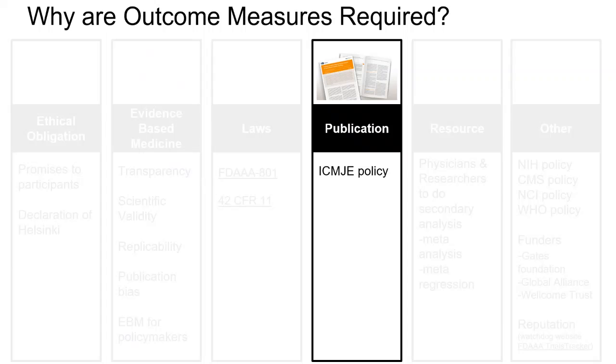And if you want to publish clinical trial results, today over 3,000 journals follow the ICMJE policy, which is a publication policy that requires clinical trials to be registered before the first patient enrolls. Otherwise, your submission will be rejected. And say you did register, right?